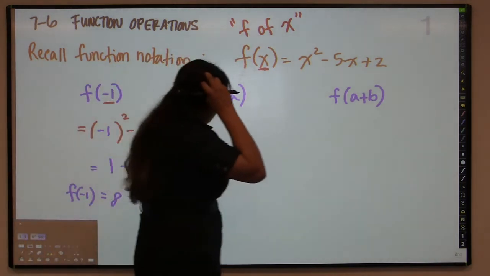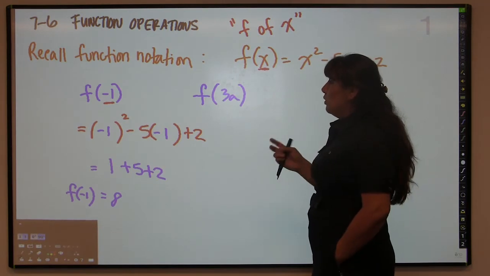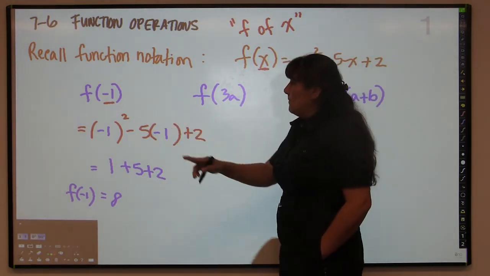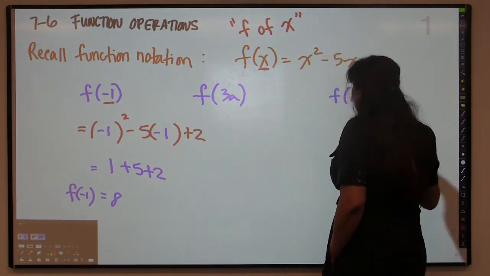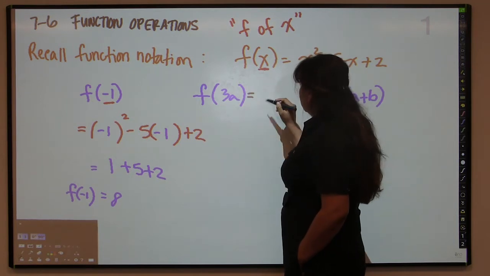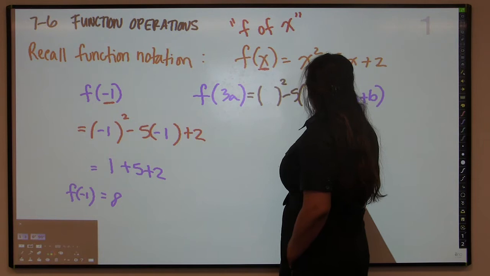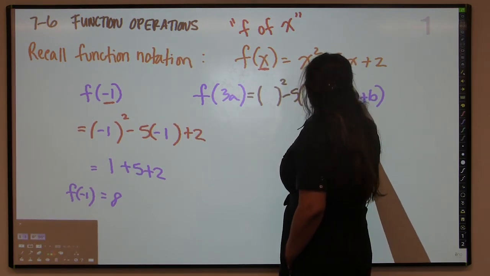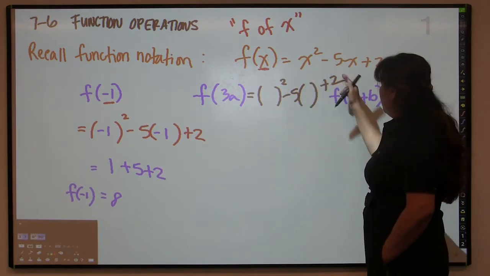But sometimes when they're asking you to do function notation, they can give you things that don't just have a number. It can have a letter. So I wanted to give you an example of that as well. And so again, we remember that we take the f function and I put parentheses in place of the variables.